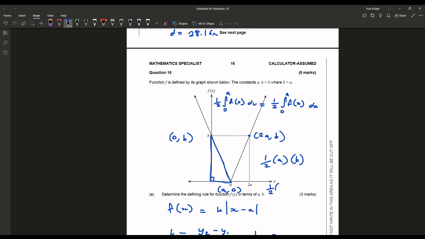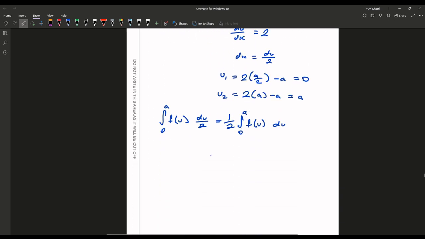Our base is a, because this is our base, and our height is b, which is this height right here. So our integral right here is just a half ab, and that's going to multiply by a half. So coming back down here, we can just replace the integral with a half ab. And simplifying that, we get ab over 4 as our final answer. So that's the integral.